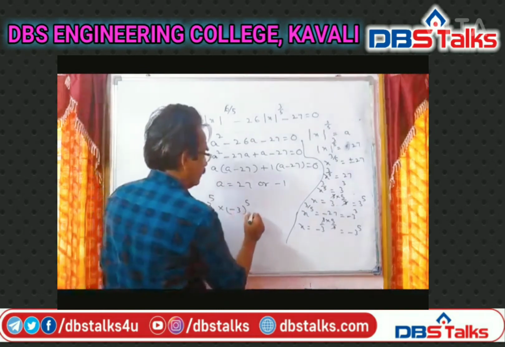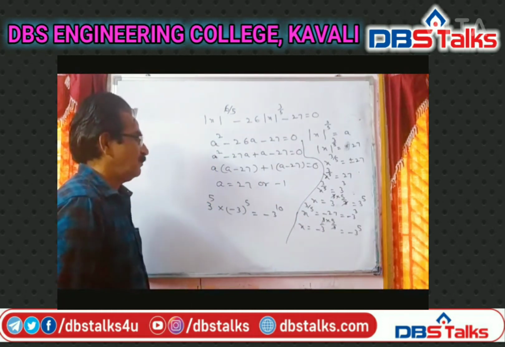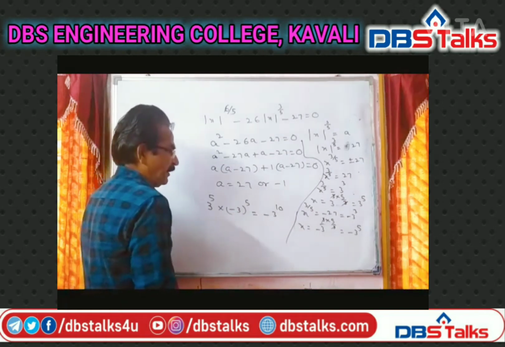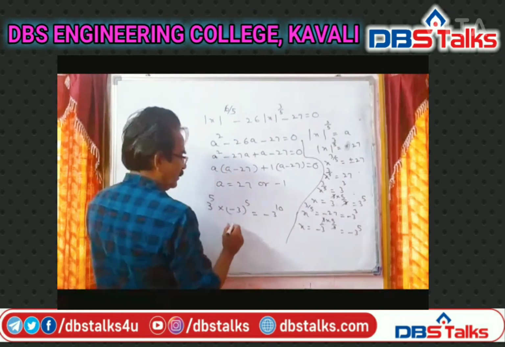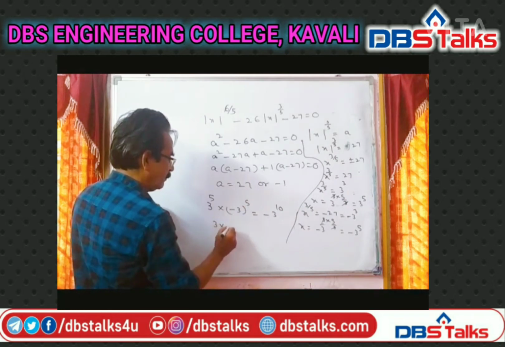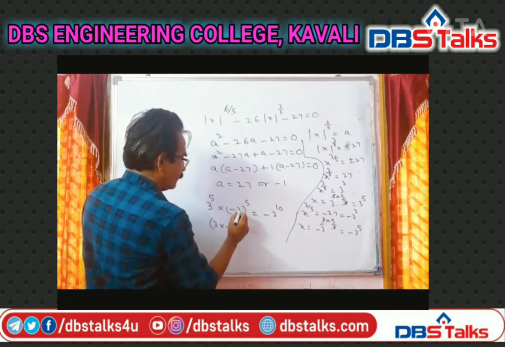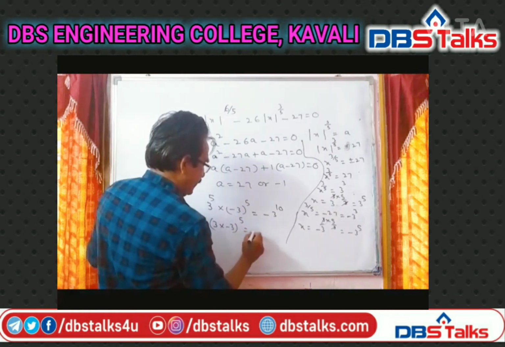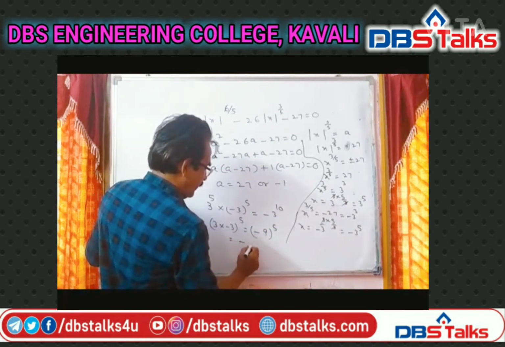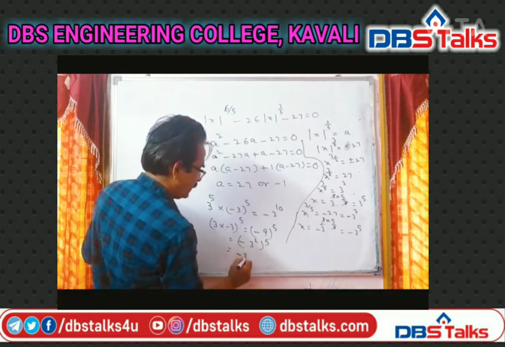What is this value, friends? Minus 3^10. Using a^m into b^m equals (ab)^m, that is (minus 9)^5... minus (3 square) whole power 5, that is equal to minus 3^10.